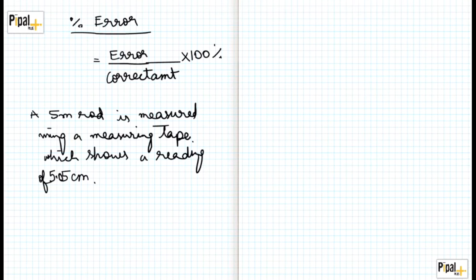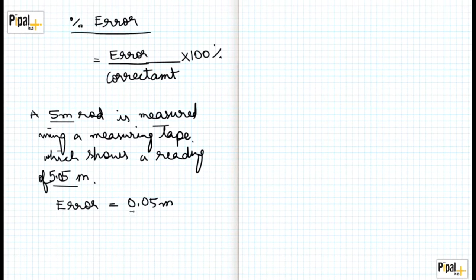So if this tape is showing a reading of 5.05 meters in calculating the length of a 5-meter rod, then the error is 0.05 meters, which is the difference between what the tape is showing and what the actual length is, right?